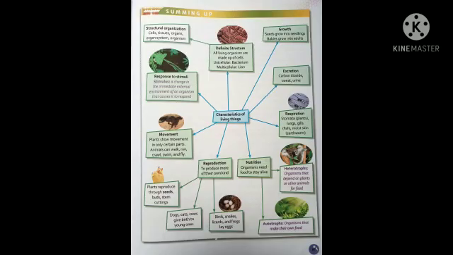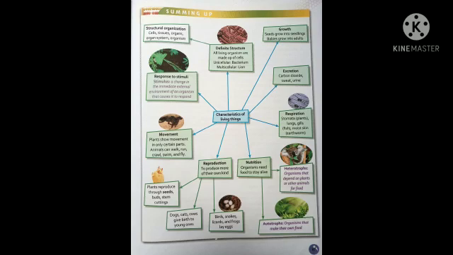Now, students, this is the summing up of the chapter. So, the characteristics of living things. Now, students, definite structure. All living organisms are made up of cells. The organisms having a single cell are known as unicellular, for example, bacteria, while an organism having a number of cells is known as multicellular, for example, lion.